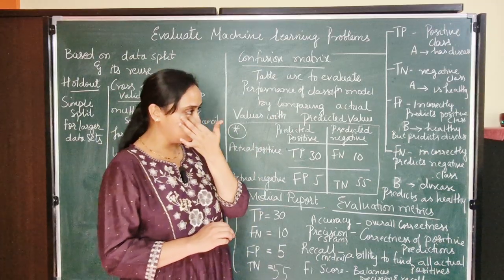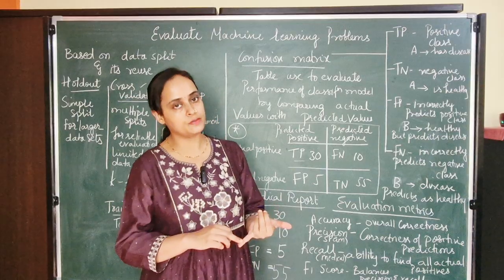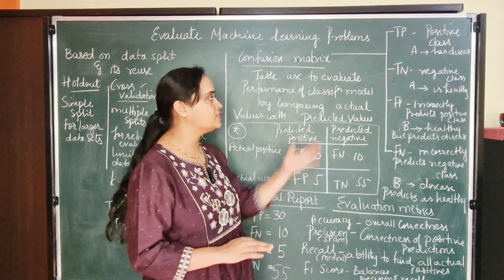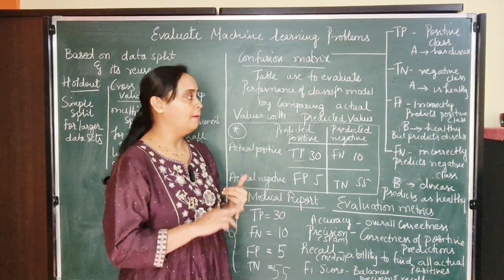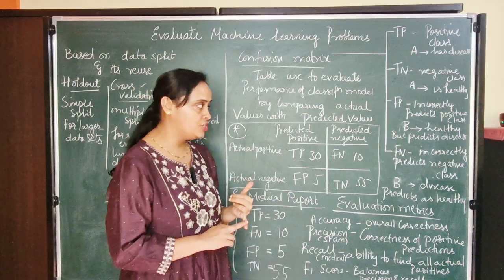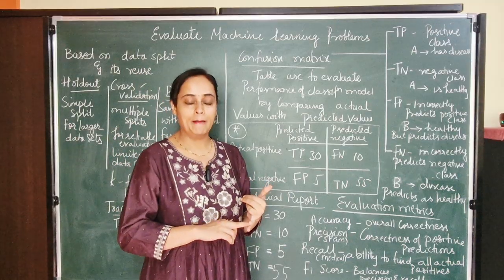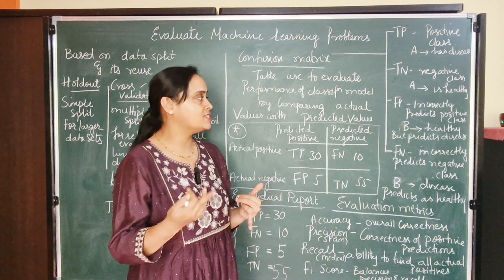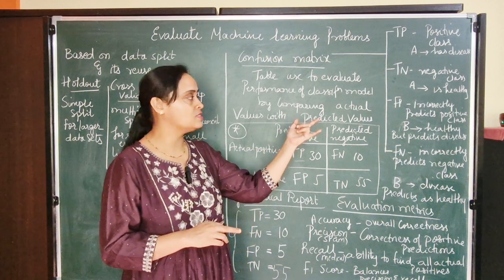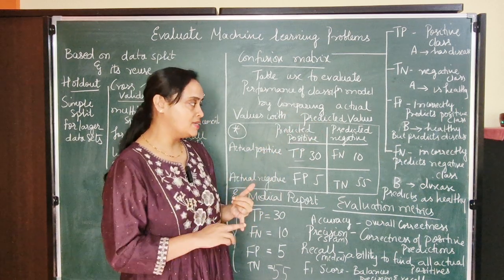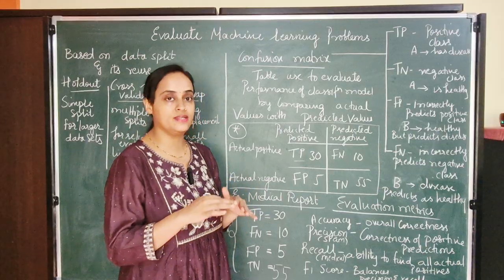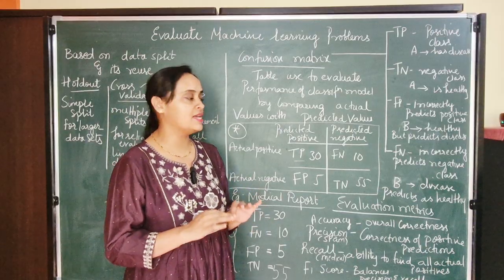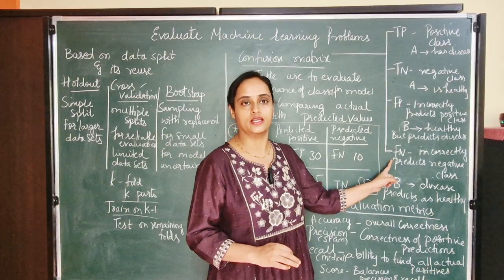When the person is healthy and is predicted as healthy, it is true negative. When a person is actually healthy but predicted as diseased, it is false positive. A person who is actually diseased but predicted as healthy is false negative.